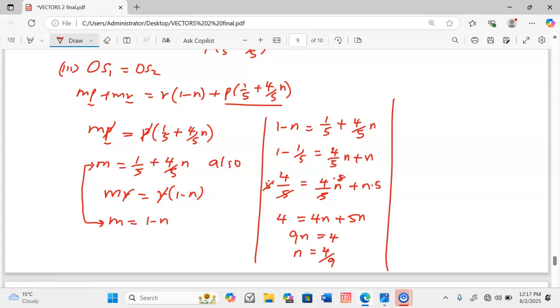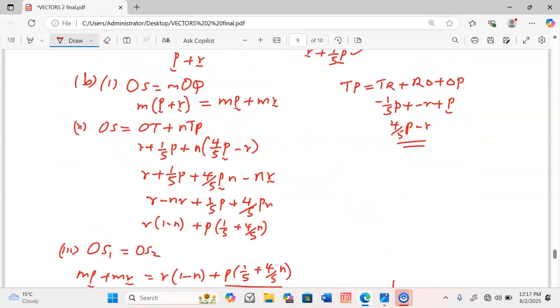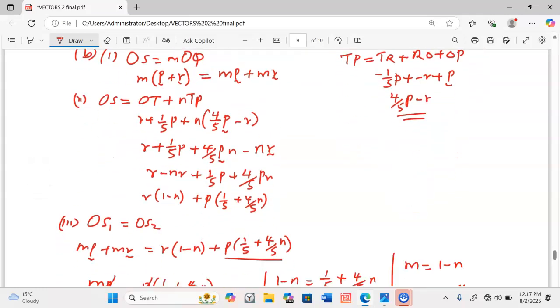Once we have gotten the value of N, we can get M by using our second part, which is 1 minus N. Therefore, M is going to be equal to 1 minus 4 over 9, and M will be equal to 5 over 9. Once we have gotten that, we can now go to Roman 4 of this question and get the ratio of OS to SQ.